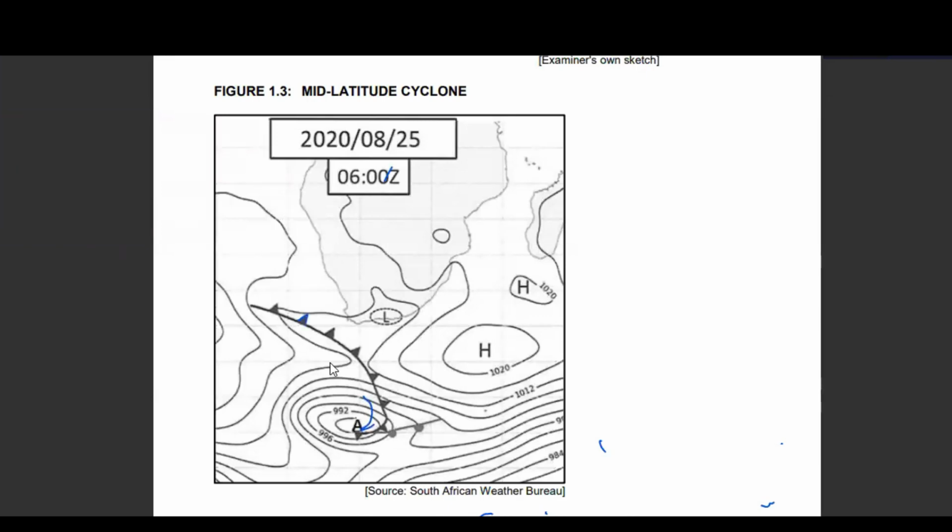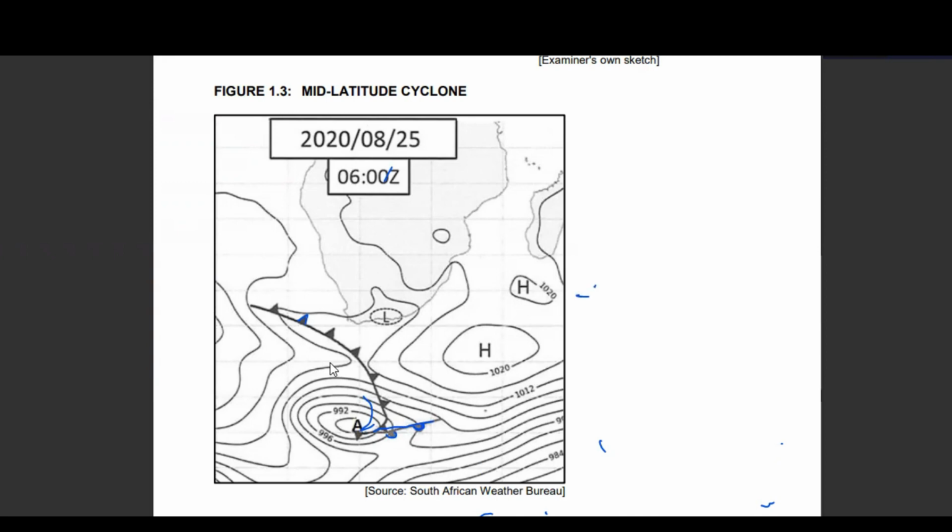And the moment we talk about a mid-latitude cyclone, automatically what should come to your head is a cold front and a warm front. So the first evidence that we have here is the cold front, and there is a warm front here. You can see the symbols. It's a cold front and a warm front. Therefore, that is evidence number one.